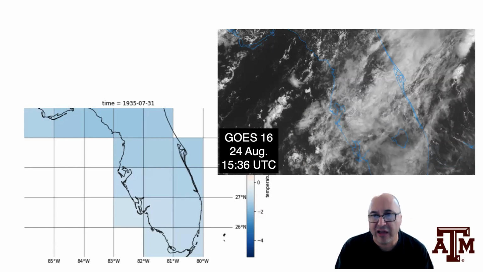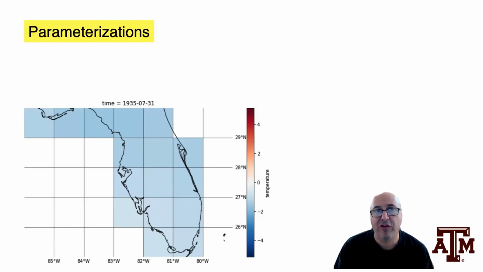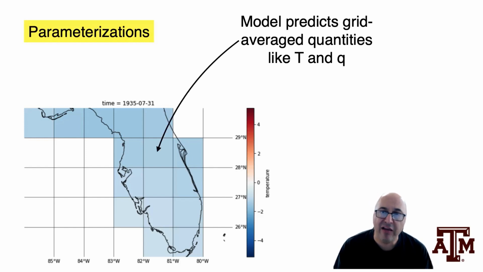So instead, we rely on something called parameterizations to handle these features that are much smaller than the size of the grid. And the way parameterizations work is they take quantities that the model can predict, things like temperature or water vapor that are well predicted by the model because the grid is sufficient to resolve them.